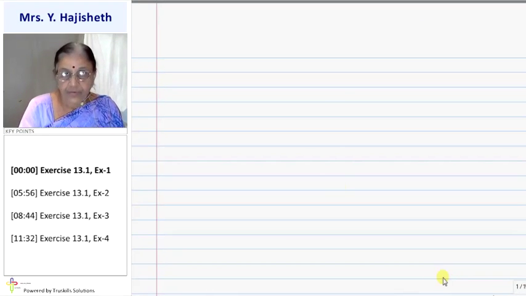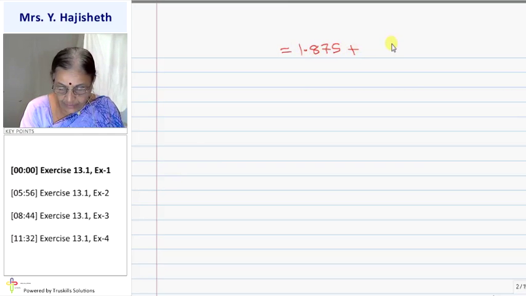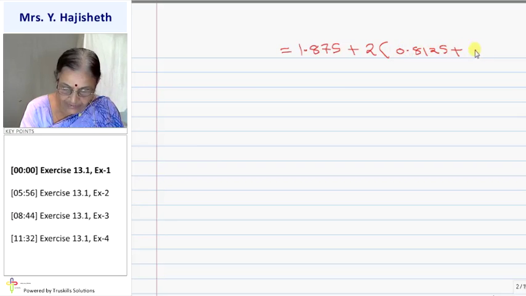When I multiplied L into B, the answer is 1.875 plus 2 times this 1.5 into 0.65. I take the 2 outside. L into H is coming 0.8125 and B into H is coming 0.975.